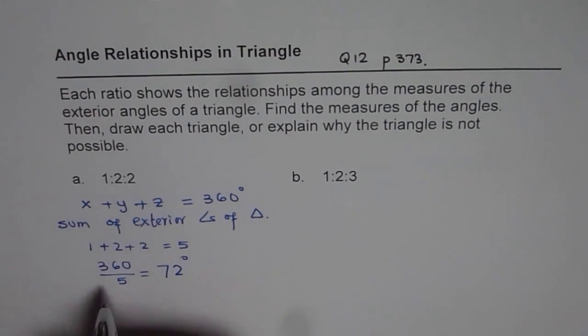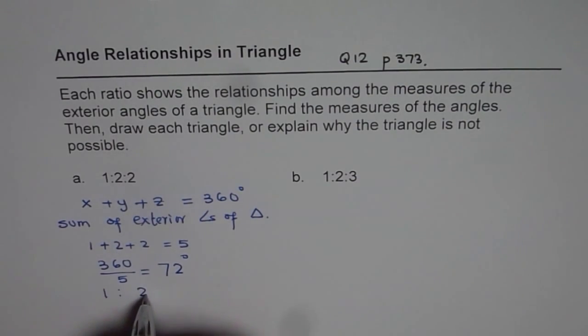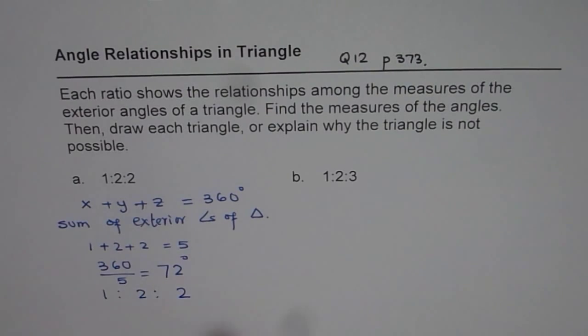So when we have ratio of 1 is to 2 is to 2, that means 1 times 72, so we get 72, is to 2 times 72, that means 144, is to 2 times 72, 144, right? So that becomes the exterior angles for us. I hope you understand and appreciate it, correct? So that is how we can get the angles.